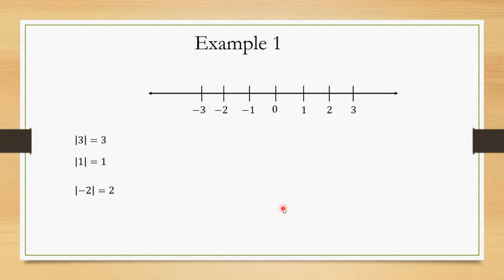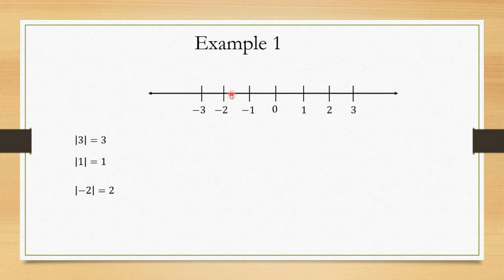And then last time we did some examples. So for instance, the absolute value of 3 is equal to 3. But why is that? 3 is 3 units away from 0. For 1, the absolute value of 1 is 1, because 1 is also one unit from 0.